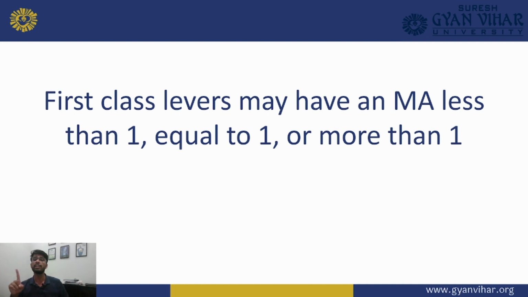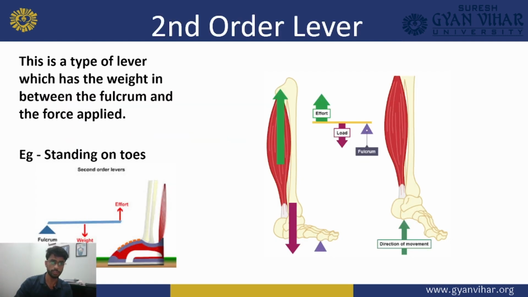So you can have less than 1 where the external moment arm is more. It can be equal also if the internal moment arm and external moment arm are the same. Then it will be an equilibrium lever. And it can also be more than 1, because if your internal moment arm is more, if the fulcrum is shifted toward the external load, then you will have the mechanical advantage, and it can be more than 1 also. So you have to remember this.